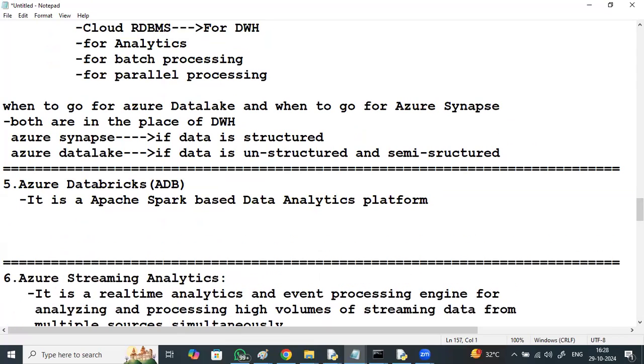Azure Databricks. First, you need to understand what Databricks is. Later, I'll come back to it. What is Databricks?